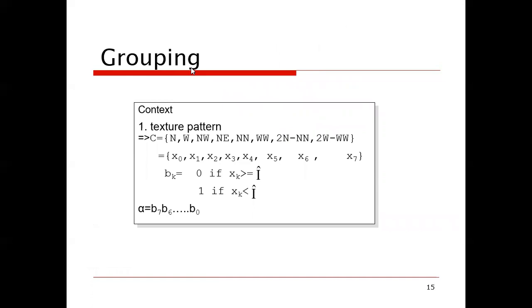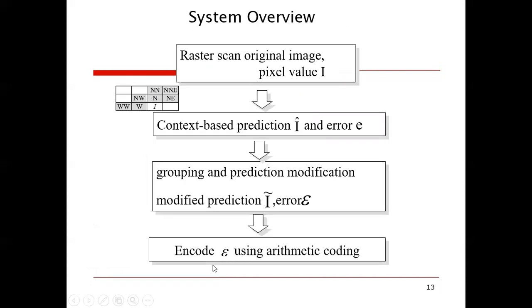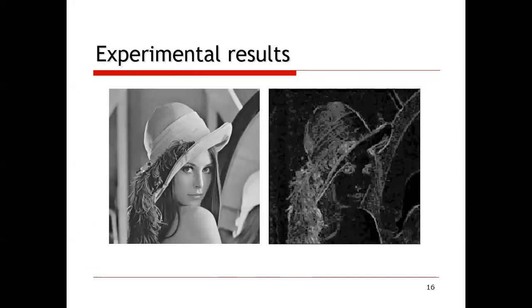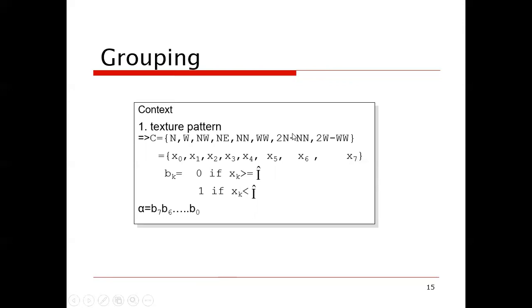Each group has a modified prediction I bar and a modified error E. This modified error is used for encoding the entire image with the help of arithmetic coding. Arithmetic coding you have already seen in unit number 3. So this is the whole procedure.